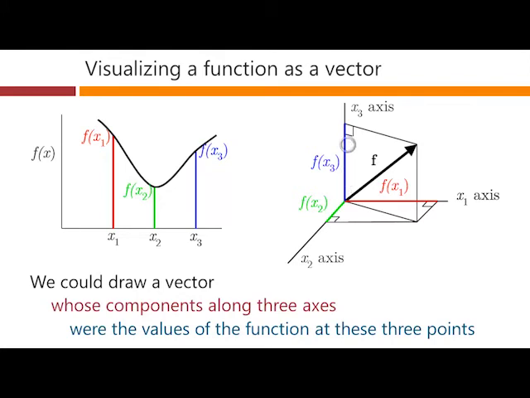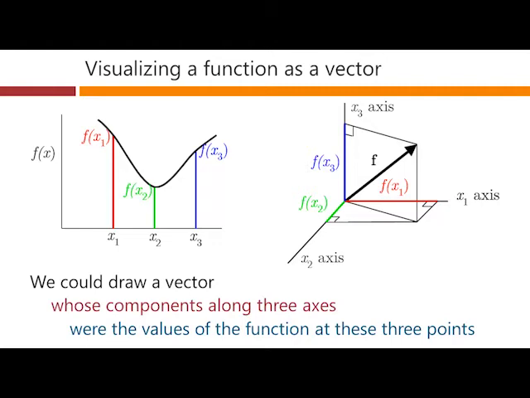It's got quite a nice long blue line here in the x3 direction, so it corresponds to this blue line here, and it's got this quite long red line here on the x1 axis that corresponds to this red line here. So we've basically taken these three heights here and used them as the projection to make up this vector. These different projections here, f of x1, f of x2, f of x3, make up this geometrical vector.